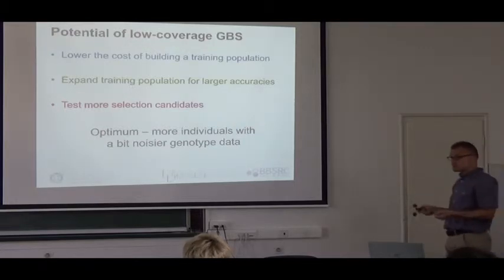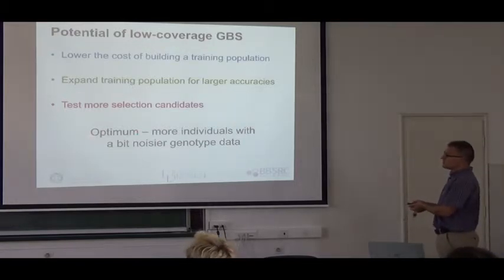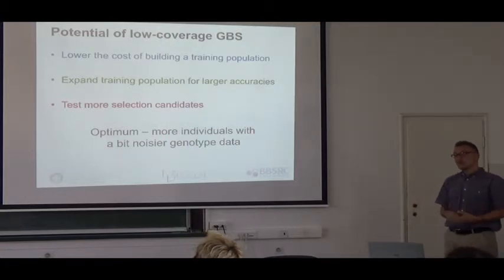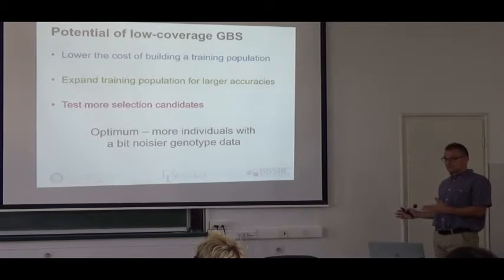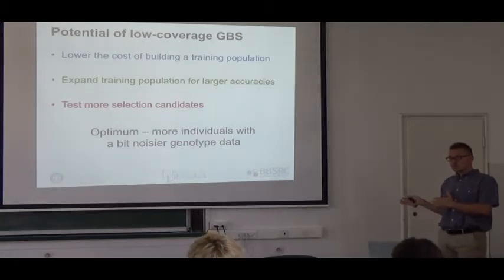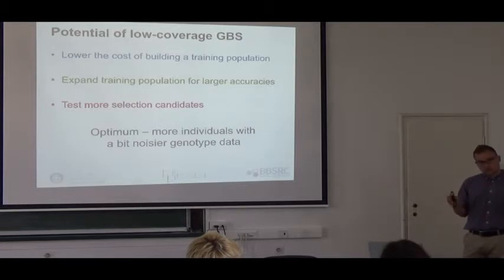From all the results I've shown you, the optimum was always to genotype more individuals with a bit noisier genotype data. It's always good to have very accurate data, but if you can only get accurate data for a very limited number of individuals, perhaps you shouldn't be doing that. If you want to do breeding, you have to think about the whole population, or at least a sizable number of animals. Genotyping-by-sequencing is one way to go.